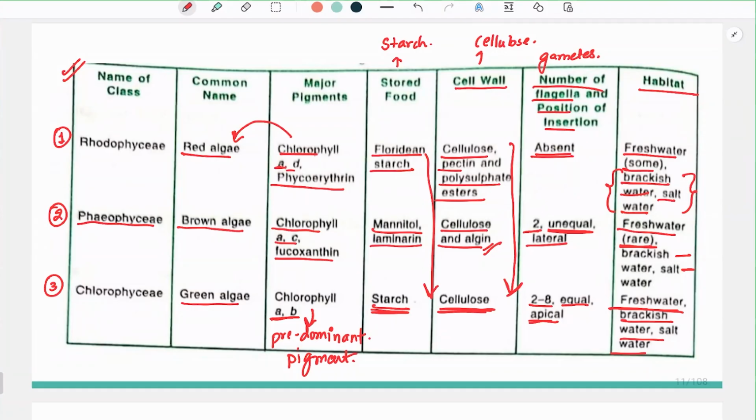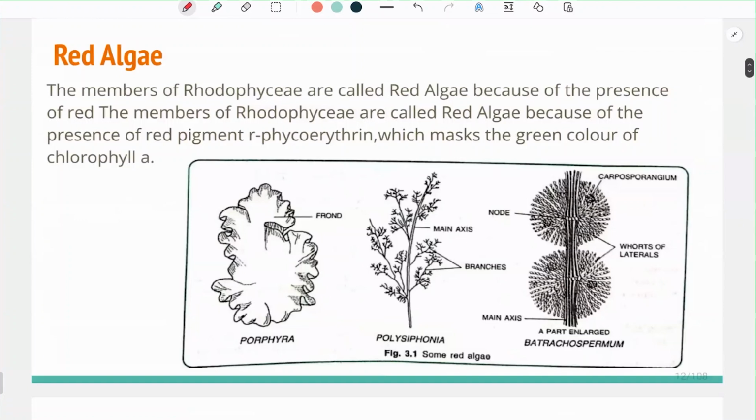So with the help of this table, we can solve a lot of questions on the basis of the simple characteristics of the algae and how they are differentiated. Now, we will deal with red algae, then with the green algae and then with brown algae.